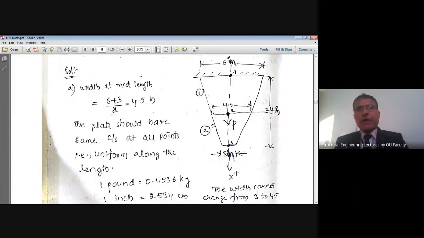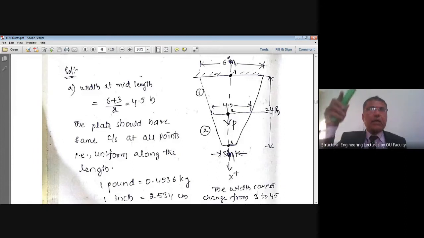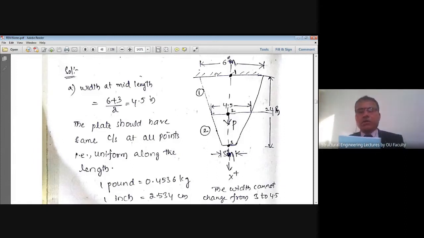If I see the density 0.2836 pound per cubic inch, it is nothing but exactly 7850 kg per meter cube, or it is equal to 78.5 kN per meter cube. That is the steel, having Poisson's ratio equal to 0.25. And the plate is having a varying cross section, students.